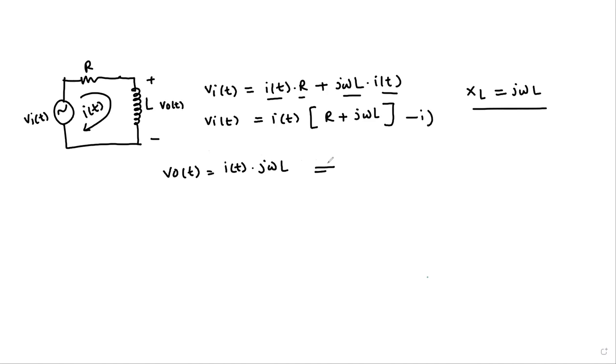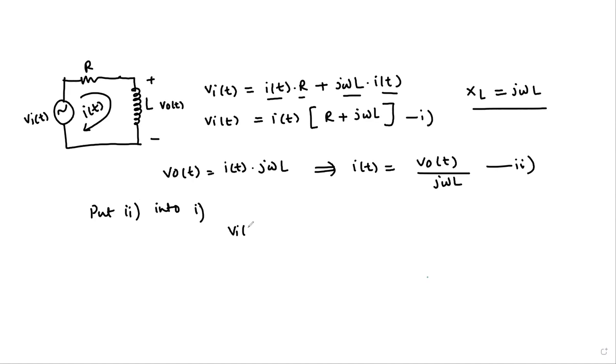And with this, we can write I of t equals VO of t divided by j omega L. So that's how we get this equation. Let's number this as equation 2.